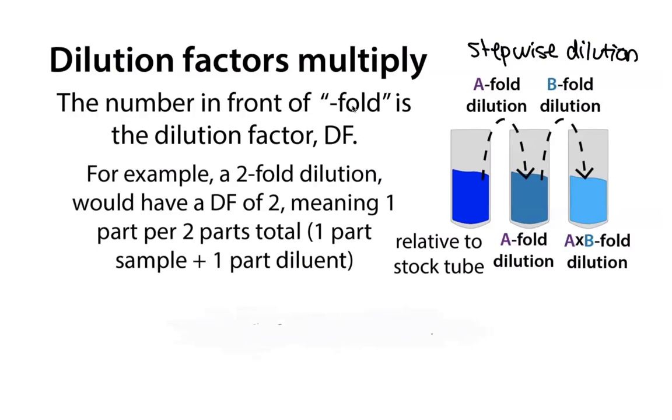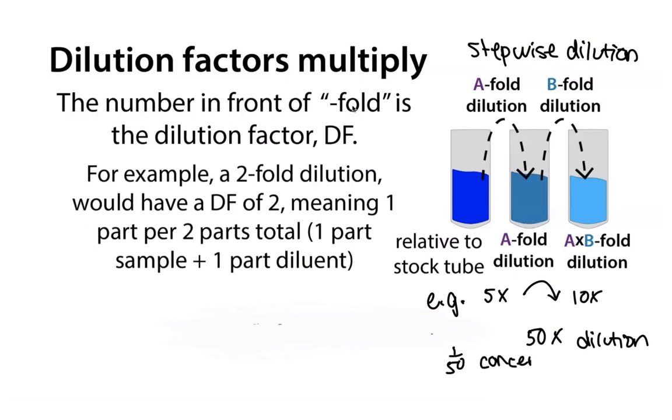So for example, if you had a 5x as your first fold, and then a 10x, this would give you a 50x dilution, which would mean you had 1/50th of the concentration of the initial.